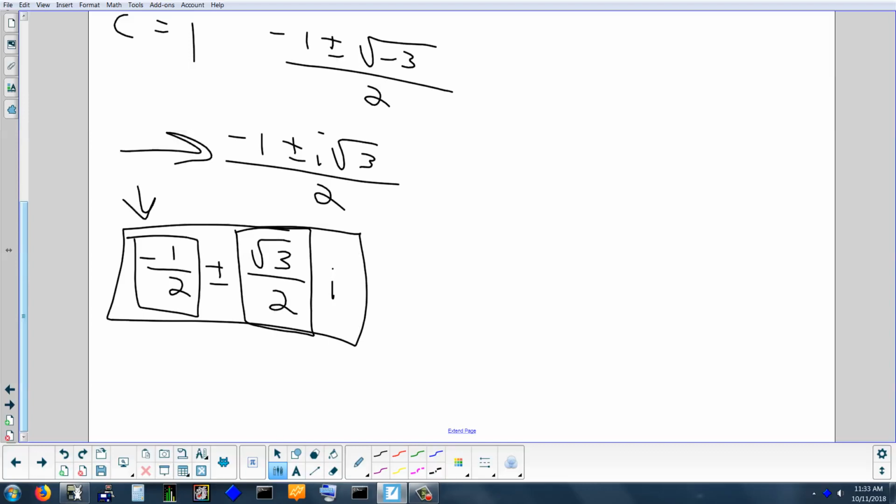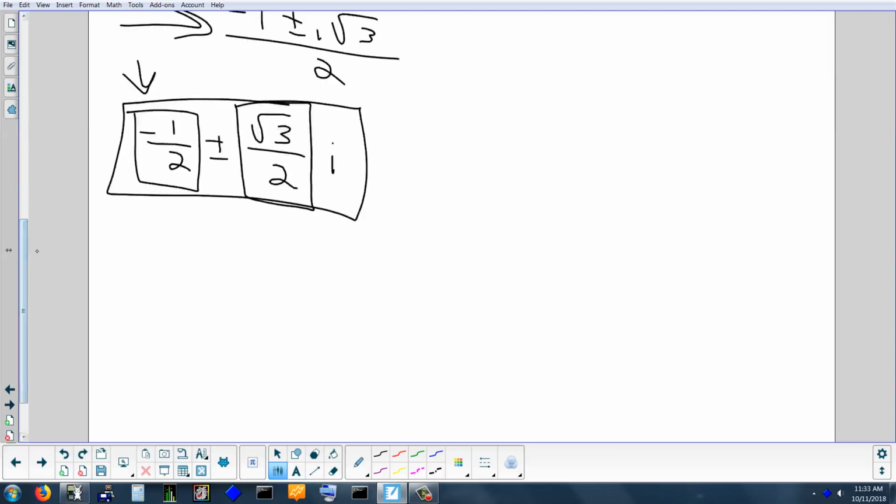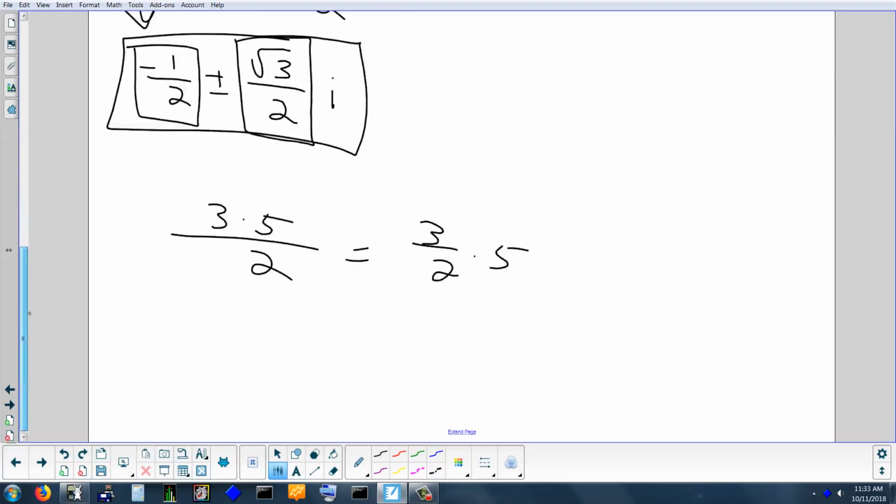Why isn't the i over 2? Because when you have, like, let's just pretend i was a number. Let's say we had 3 times 5 over 2. It's exactly the same as writing it this way. Doesn't matter if you put them both over 2 or not. You're going to get exactly the same answer. Or even if you did it this way, 3 times 5 over 2.